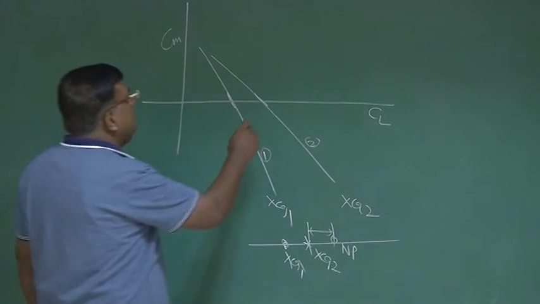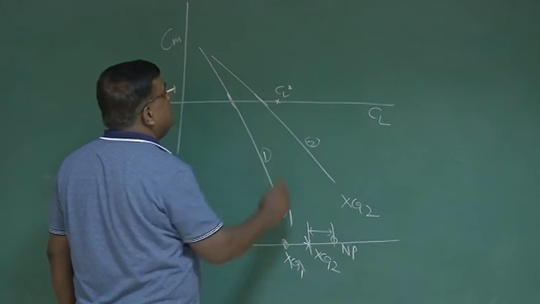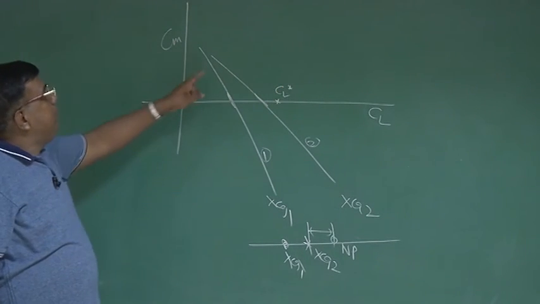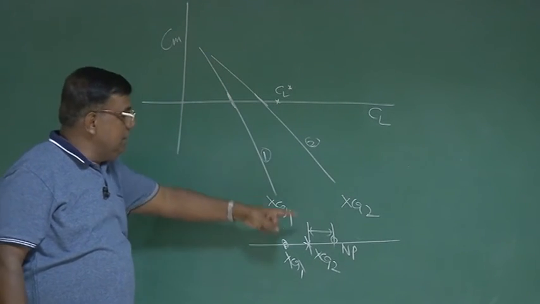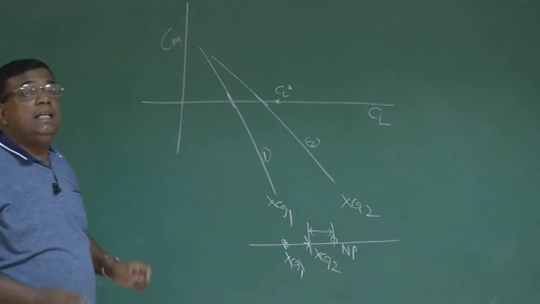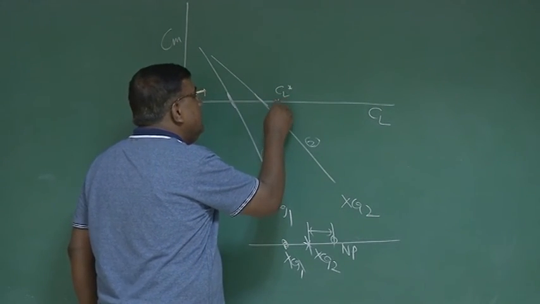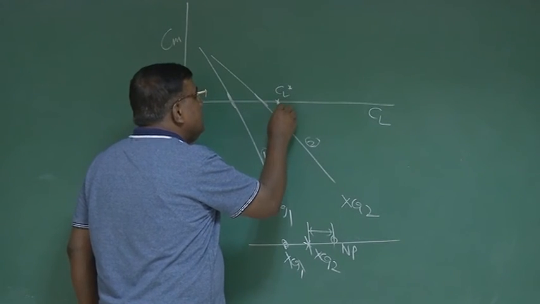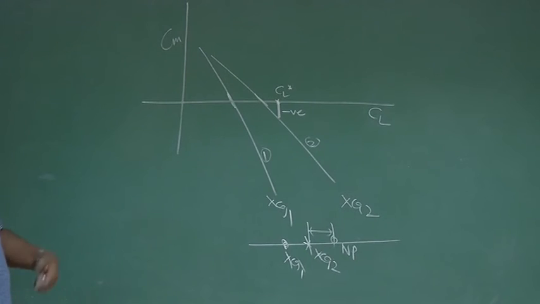If I want to trim the airplane at this CL star, if I have this airplane, that is the airplane with CG as XCG2, which is statically less stable, then I have to counter this much negative pitching moment by generating positive pitching moment.